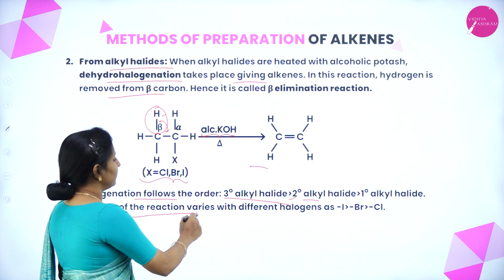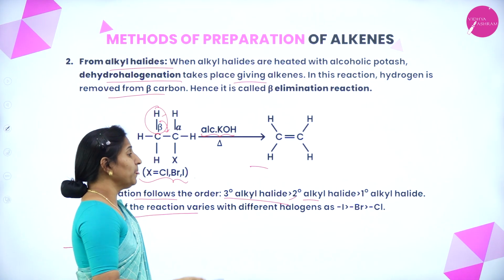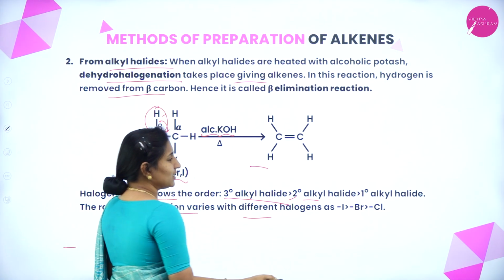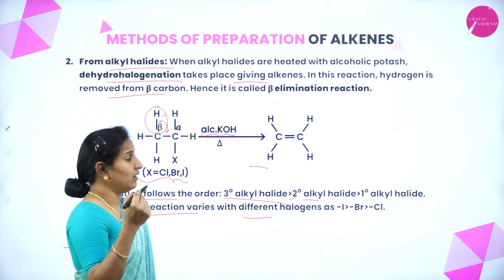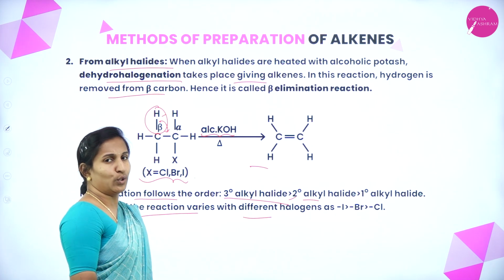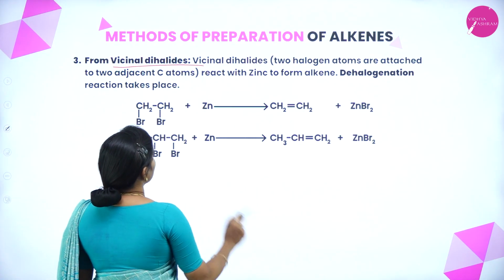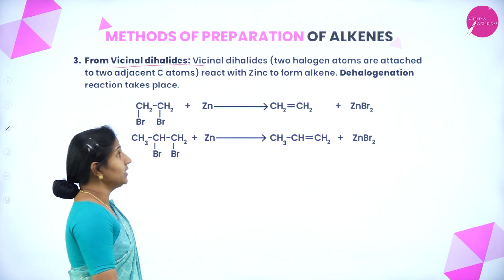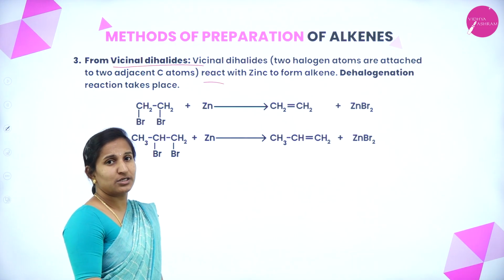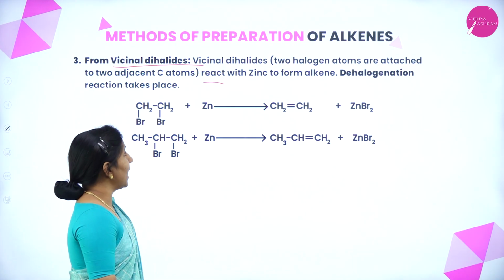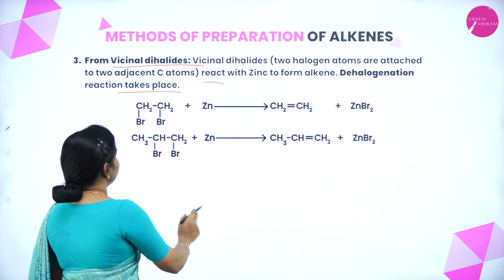The rate of reaction varies with the different halogen, such as iodine reacts more easily than bromine, than chlorine. From vinyl dihalides: they react with zinc to form alkenes. This reaction is called a dehalogenation reaction.